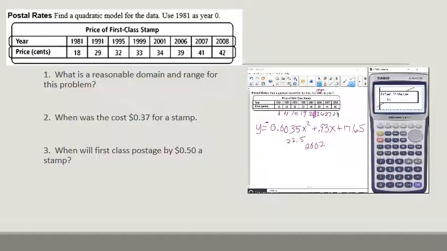It will be in about 41 years. So that will be 2021. The cost should be about 50 cents. So I took my 21 or 20 and added it to 1981.